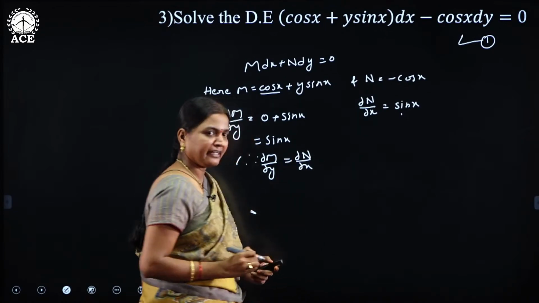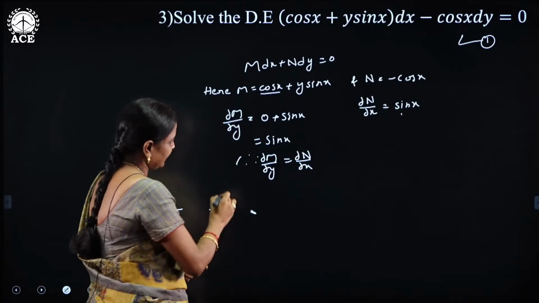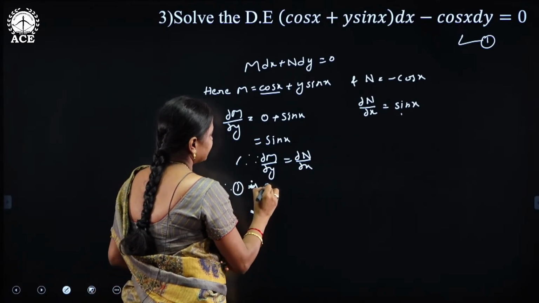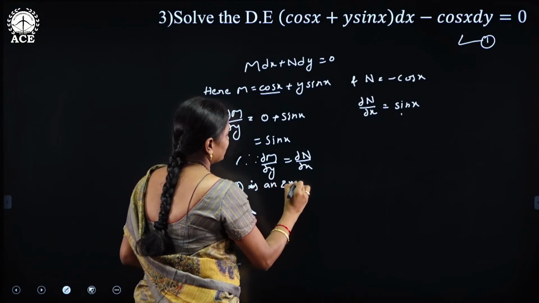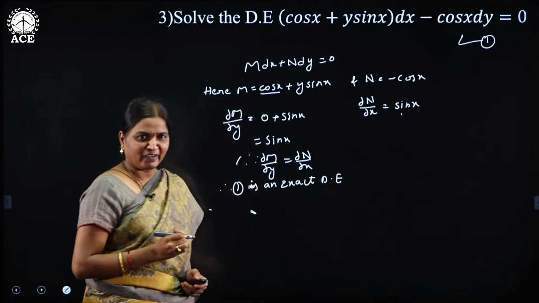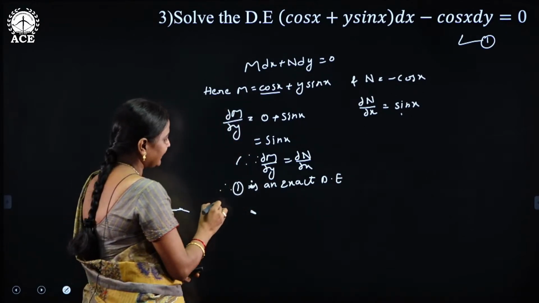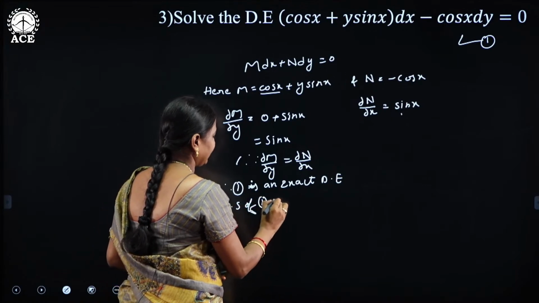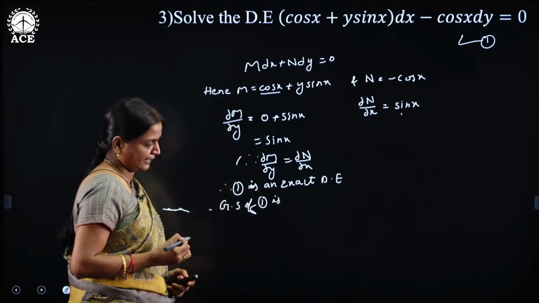When the necessary condition holds, then we say that equation 1 is an exact differential equation. When it is exact, how to write its general solution? The general solution of equation 1 is, please write the formula in the examination.